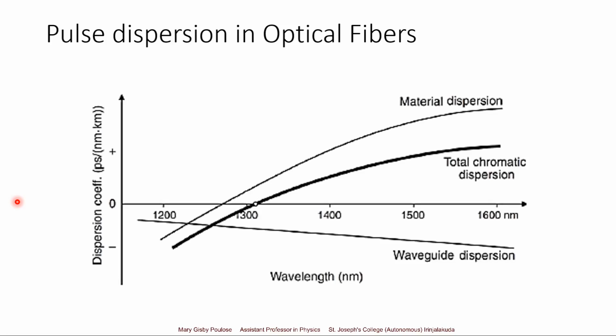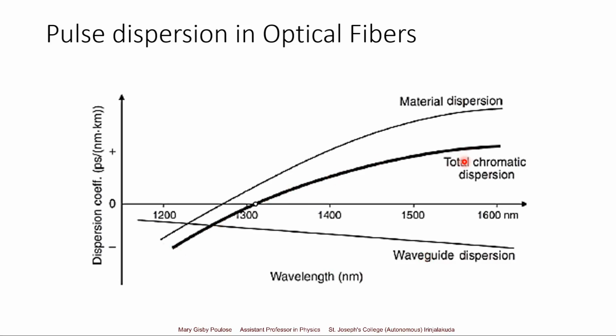Now, this graph represents the dispersion curve in a material. We have taken glass, and the values of material dispersion are plotted, and we get this curve, and the values of waveguide dispersion are plotted, it is this curve. The contribution due to both produces the resultant along this line.